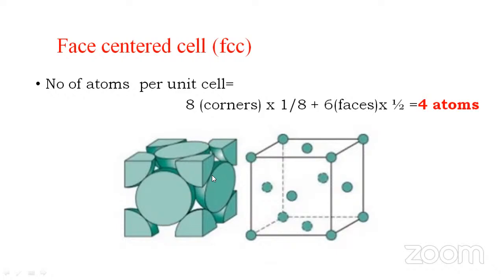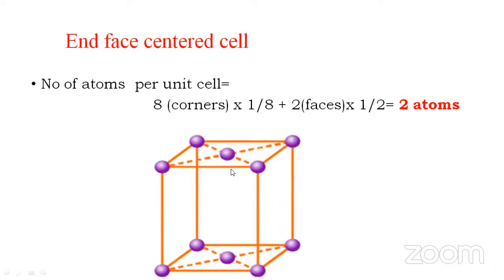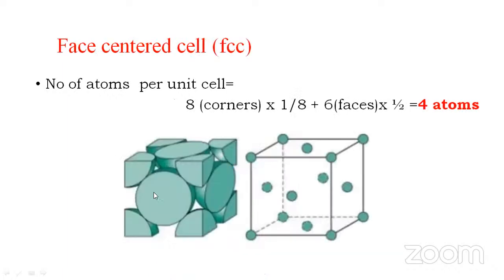Only half of the atom is present here, and the remaining half is shared with the other unit cell. So how many faces are there? First face, second face, third face, and fourth face. Imagine the fifth and the sixth face below. So a total of 6 faces are there.